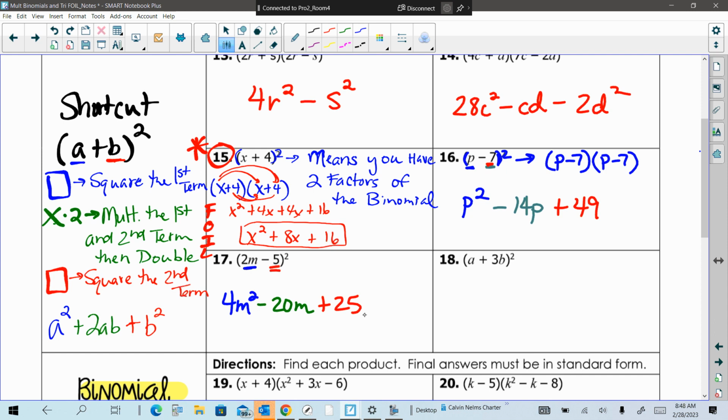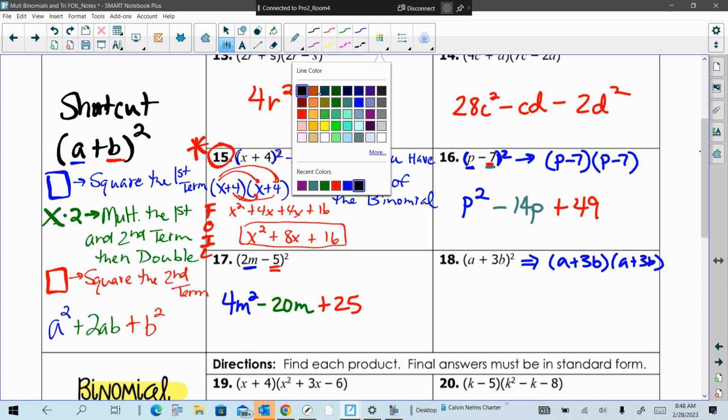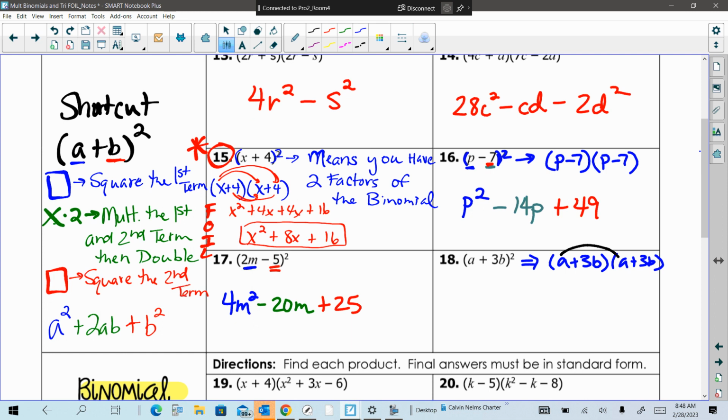Or you can just do FOIL. FOIL means you just have two factors of the grouping. So if I change this to A plus 3B times A plus 3B, then we're just going back to FOIL. First term, A squared.